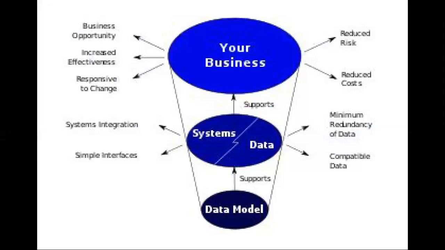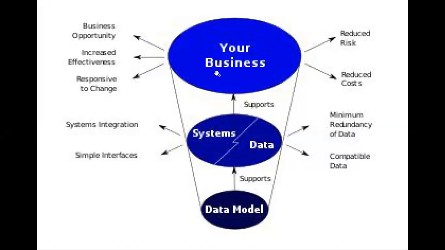Now this is a block diagram of the data model, showing how you can develop it. First, there should be your business, your organization, your key focus area, data set, whatever you can term it. It should have reduced risk and reduced cost, business opportunity, increased effectiveness and responsiveness to change.